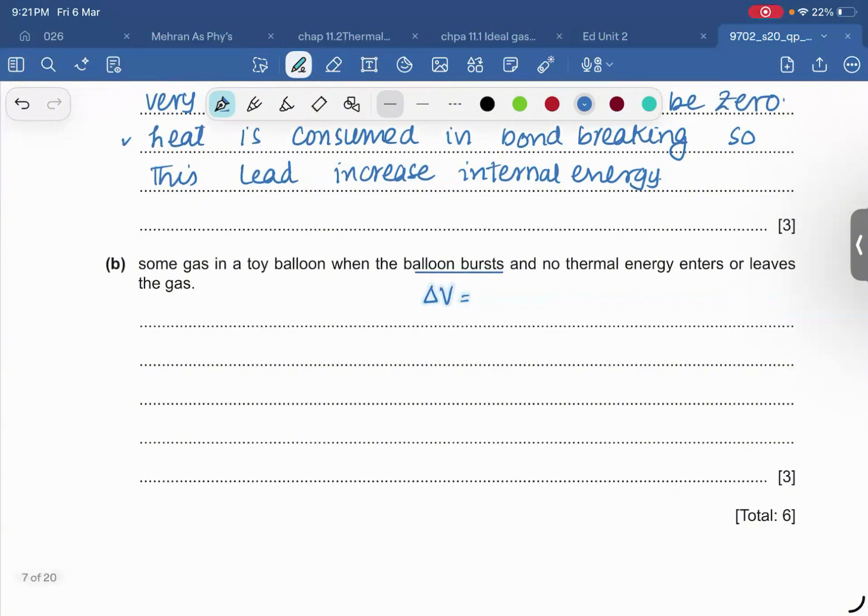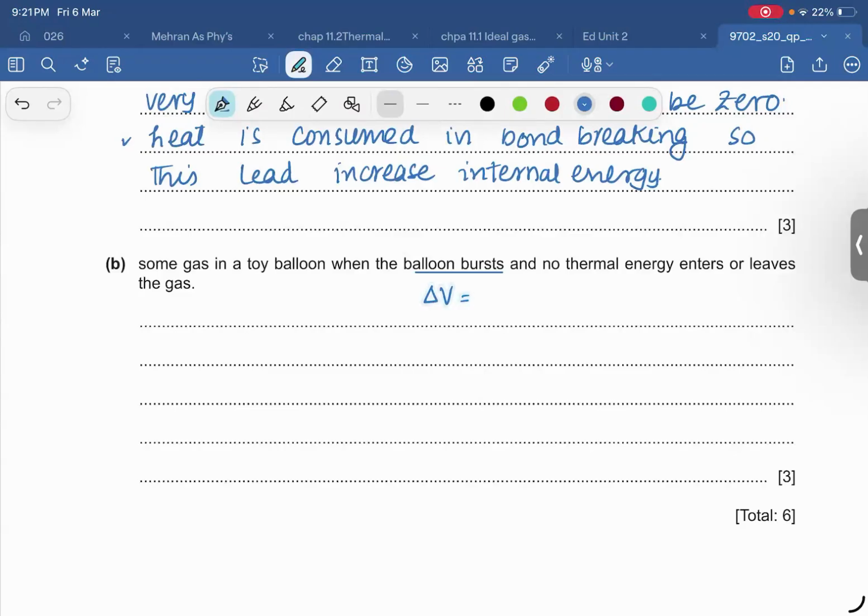I think it's by the surroundings on the gas, but I'm not entirely sure. No, if it happens by the surroundings on the gas, then the gas compresses, right? Because the surroundings compress the gas or push the gas inward. But if the balloon is bursting, this means the gas inside the balloon is doing work against the surroundings, and it pushes the surroundings away, right?